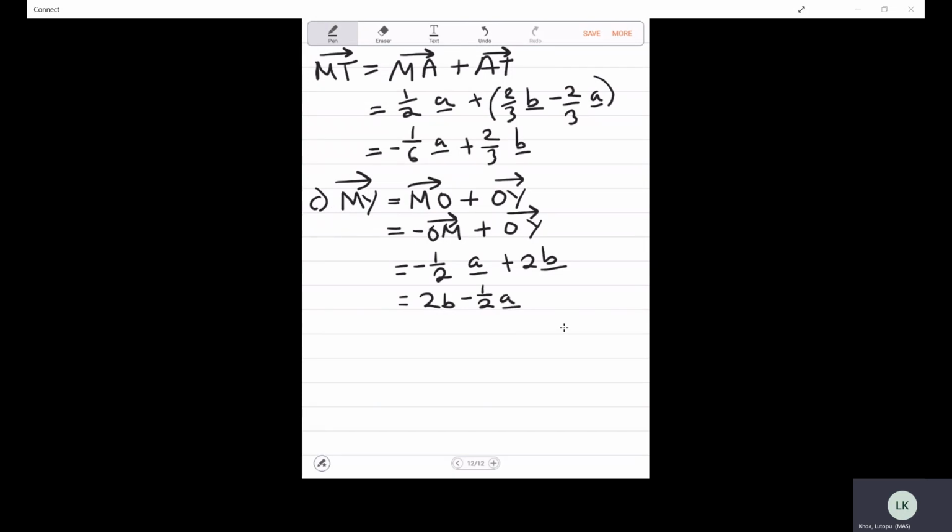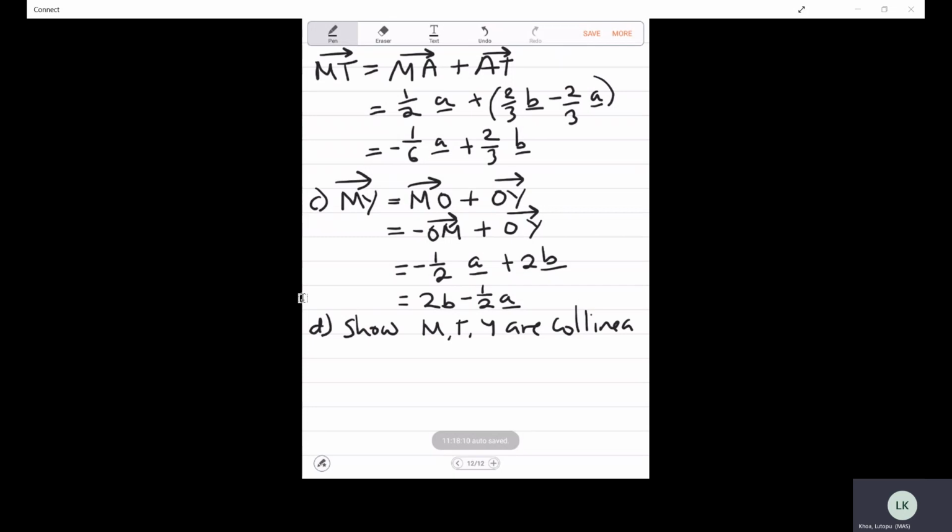Right, that was C. Then let's look at D. Now D says show that MTY is a straight line. So this is a roundabout way of saying show that M, T and Y are collinear.